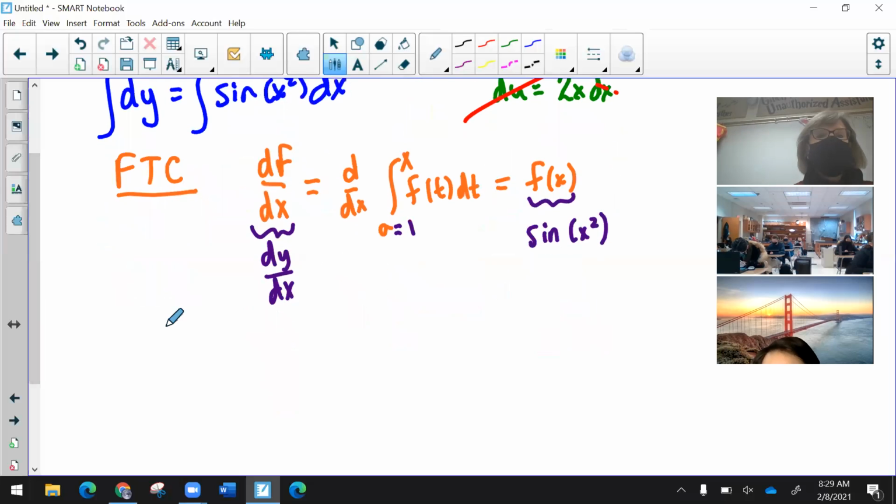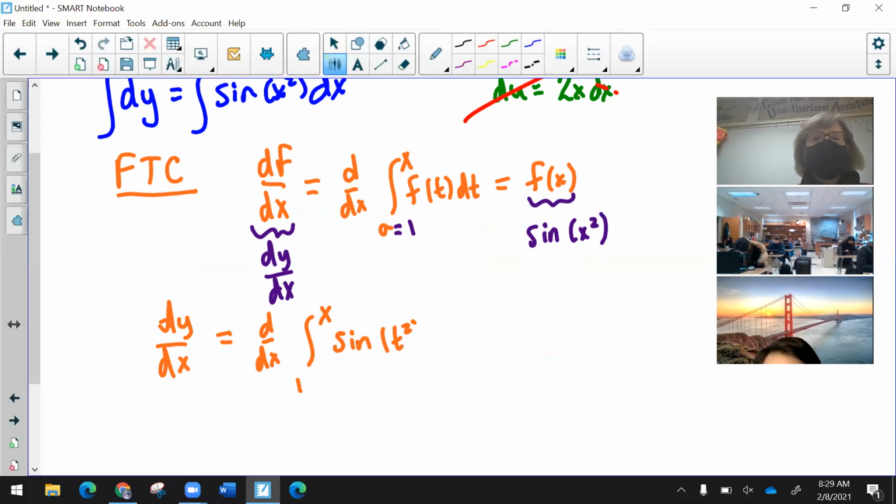So this gives me, I rewrite the fundamental theorem of calculus. That gives me dy dx is equal to d by dx, the integral from 1 to x of sine t squared dt.